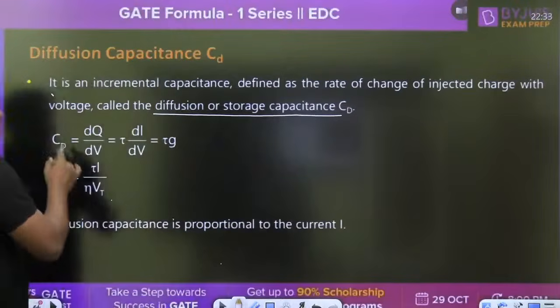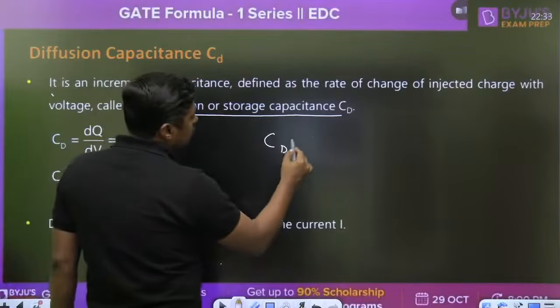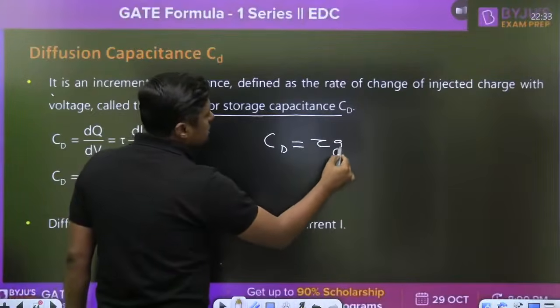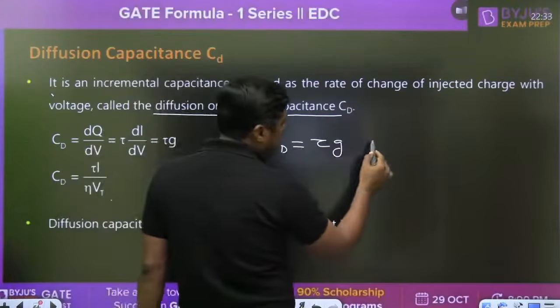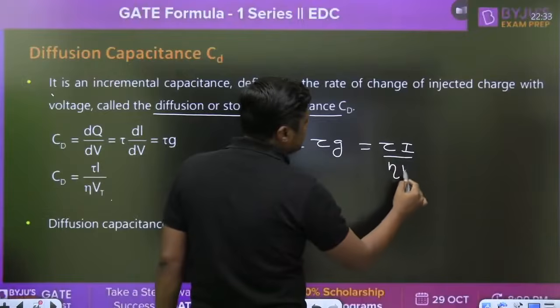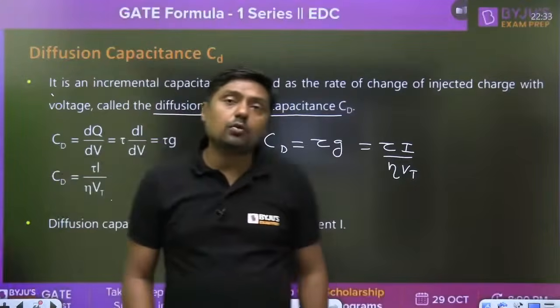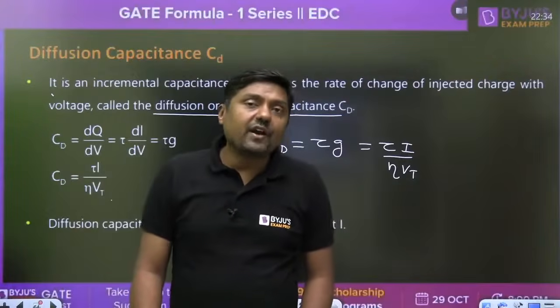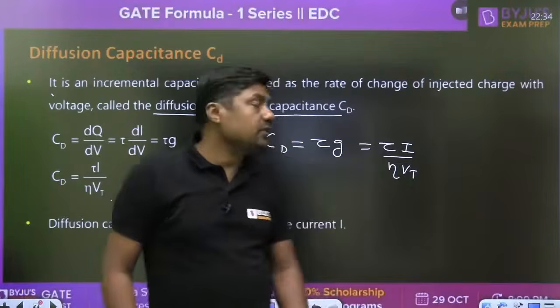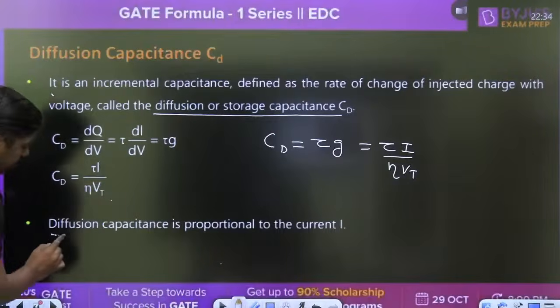The important formula for diffusion capacitance is tau G, where tau is the mean lifetime and G is the incremental conductance, given by tau I by eta Vt, where I is the current through the diode in forward bias, eta is the ideality factor, and Vt is the volt equivalent of temperature. Remember that formula.